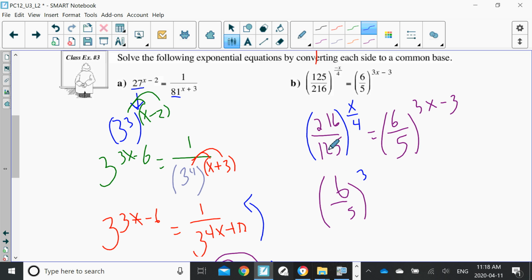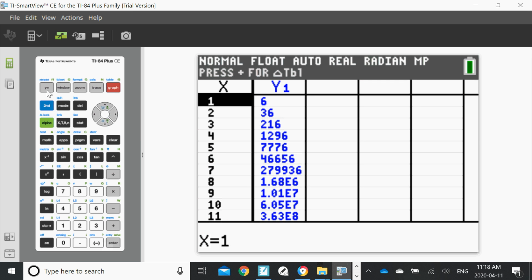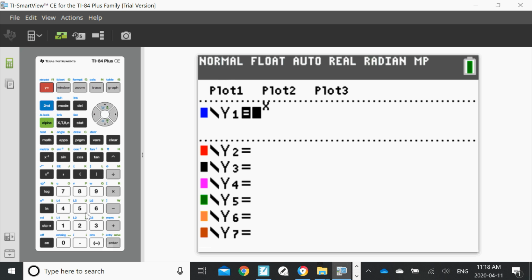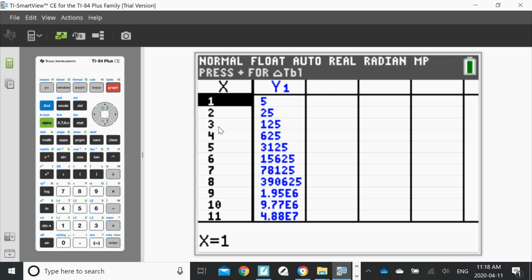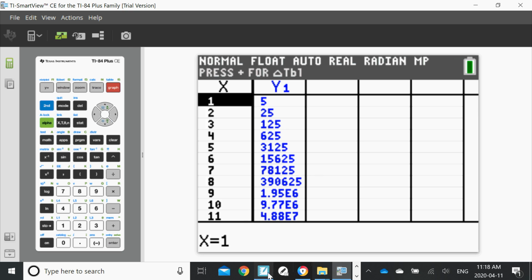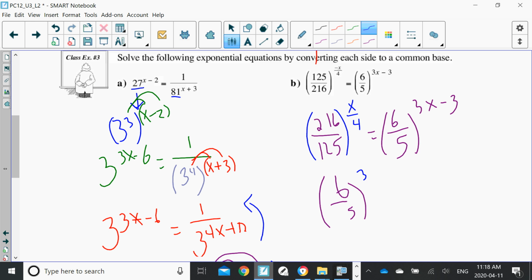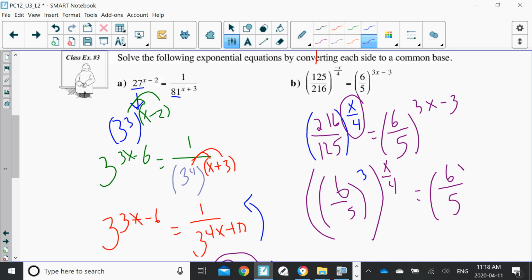Is 5 to the power of 3 125? Right? So there's two different ways I could check that. But if I put a 5 as my base, second function table, 5 to the power of 3 is 125. Okay, and that was all to the power of x over 4. And that is equal to 6 over 5 to 3x minus 3.